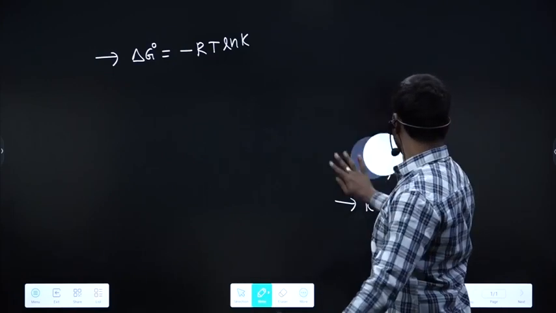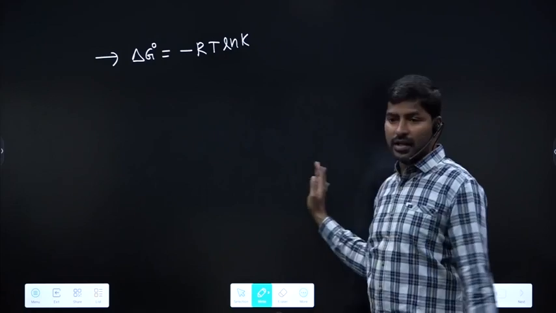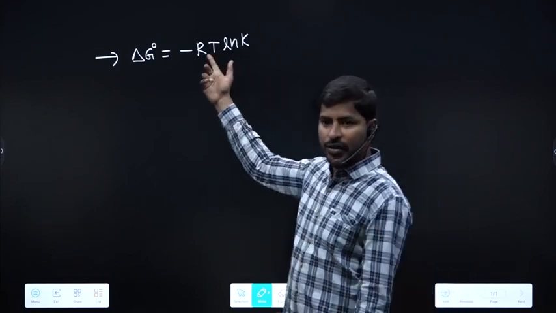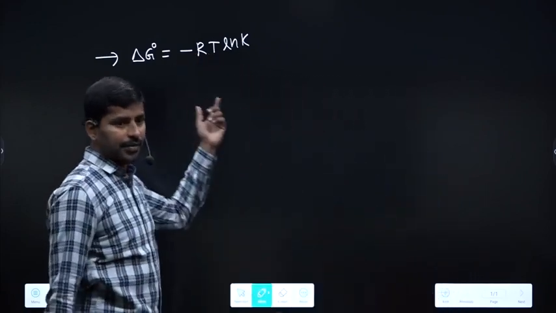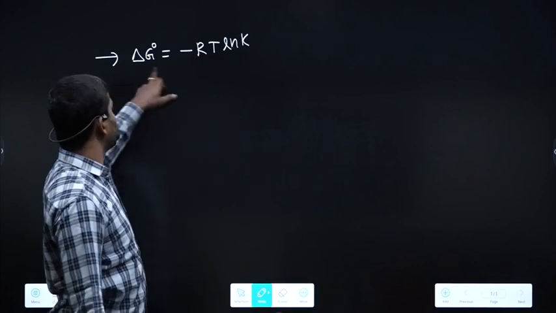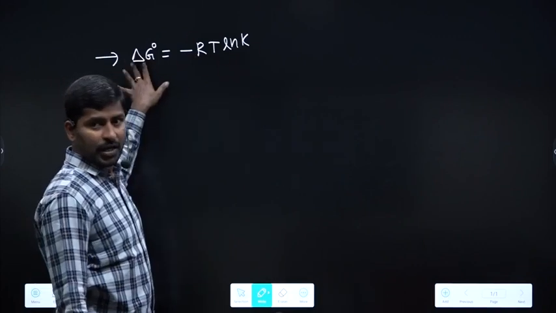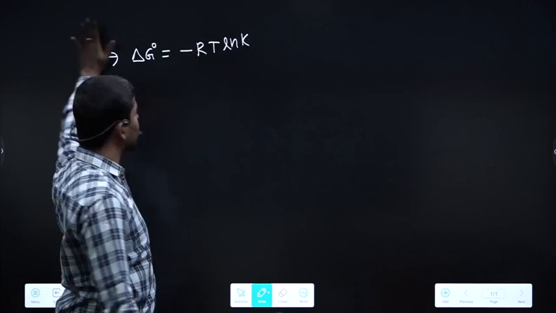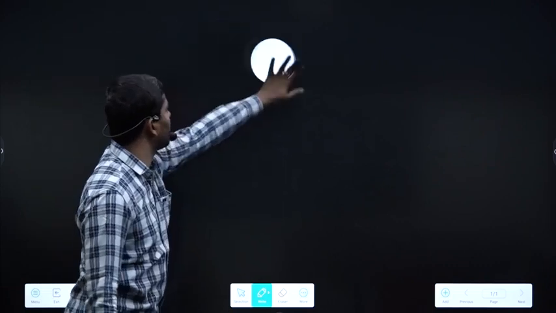So based on ln K versus 1 by T, we can calculate delta H naught and delta S naught, that we discussed in thermodynamics. This is the relation we have between delta G naught and equilibrium constant: delta G naught is equal to minus RT ln K.